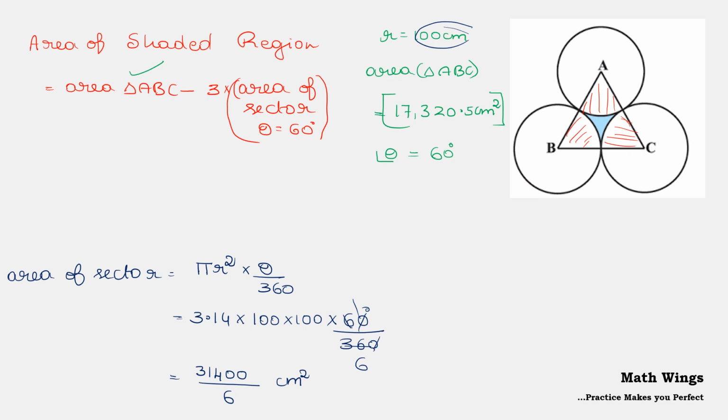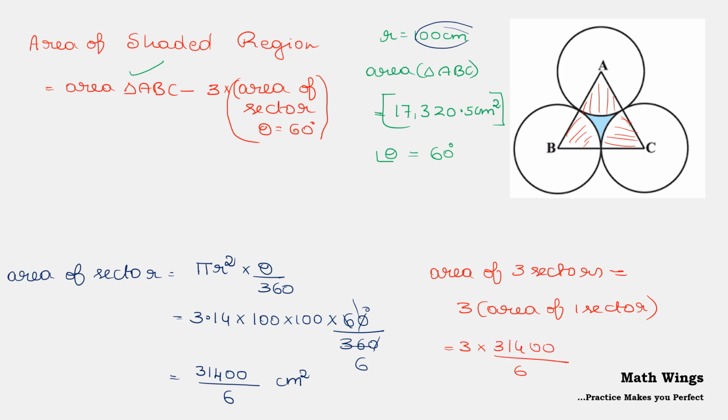So, I have already told you the 3 sectors have the same area. Therefore, what will be the total area of 3 sectors? Area of 3 sectors is equal to 3 into the area of 1 sector, which is equal to 3 into 31400 divided by 6.